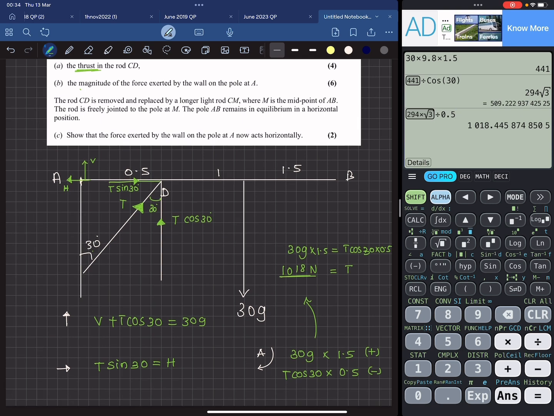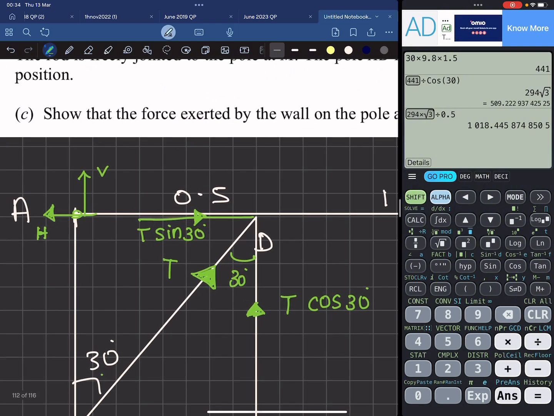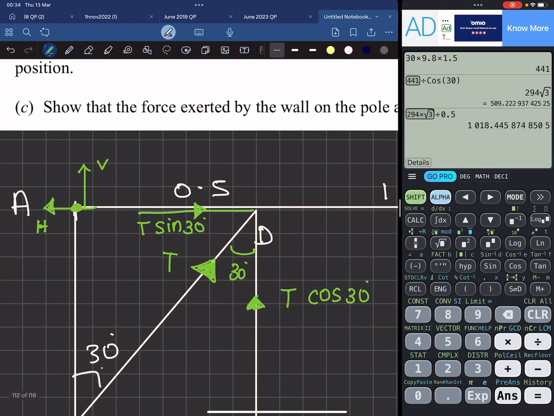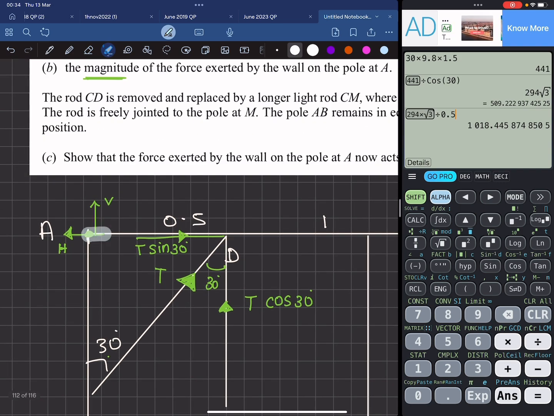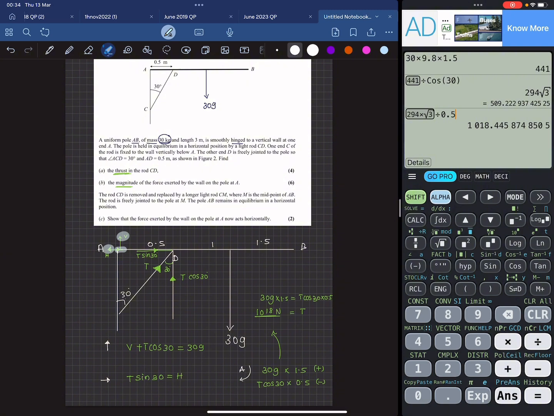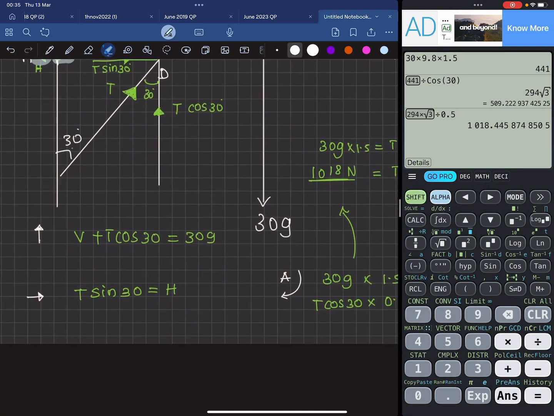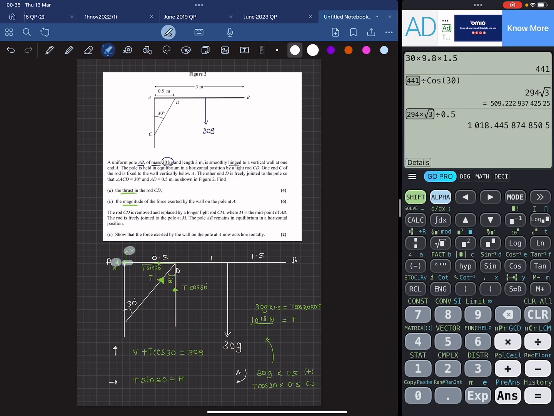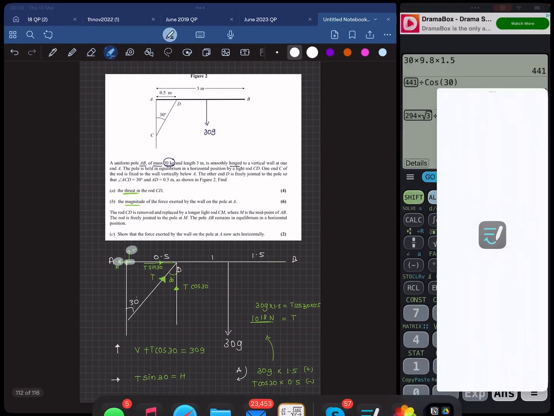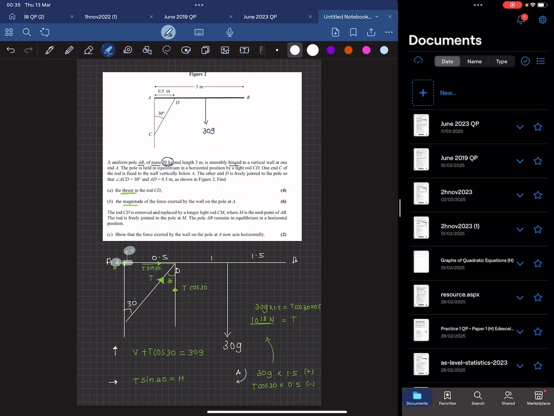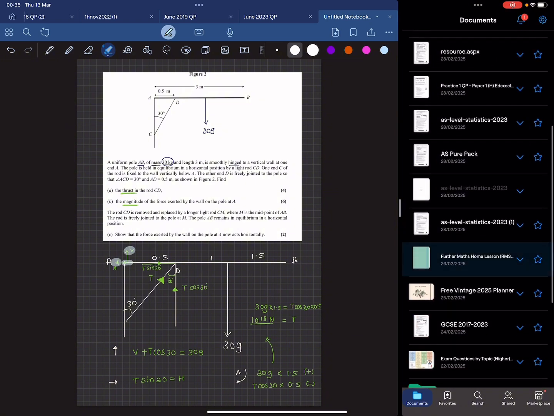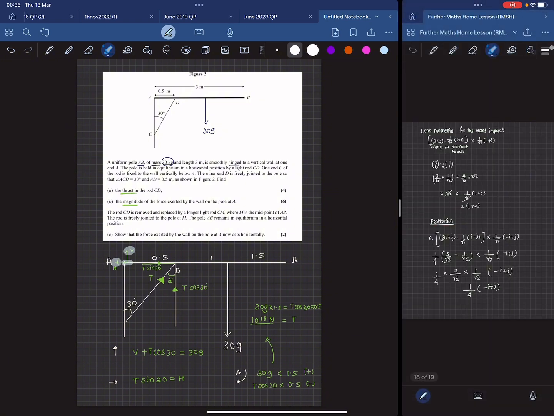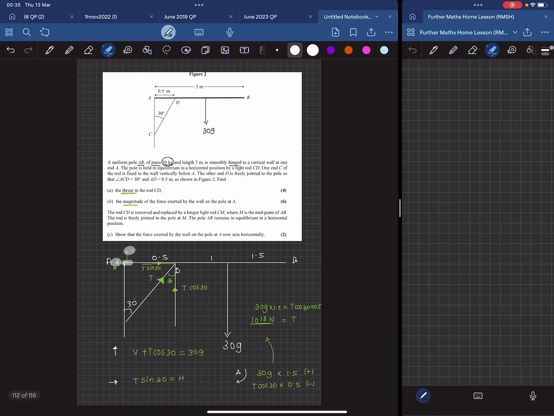Then they're asking the magnitude of the force exerted by the wall on the pole. So at this point, they're asking what is the force exerted by the wall on the pole, which is this and this. These are the two forces. To do this, I'm going to put this T in here and then calculate what V is and what H is. So I'm just going to resolve.